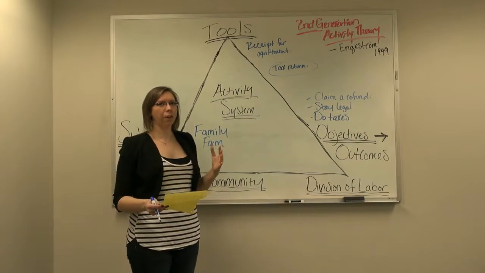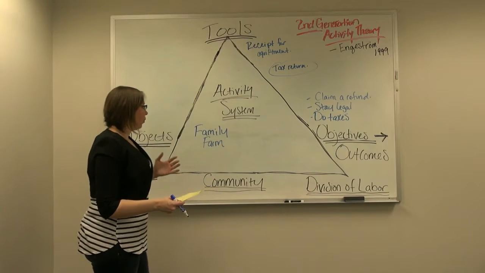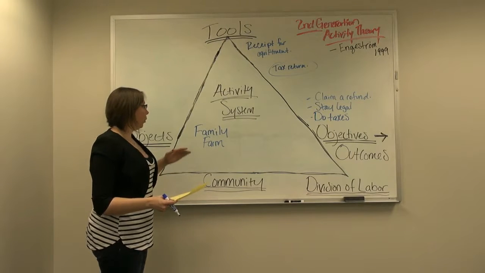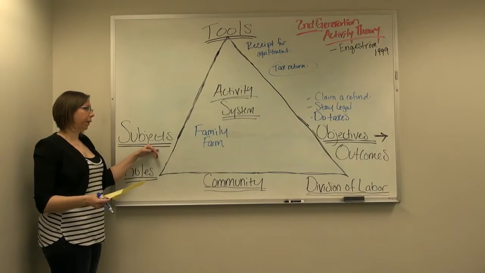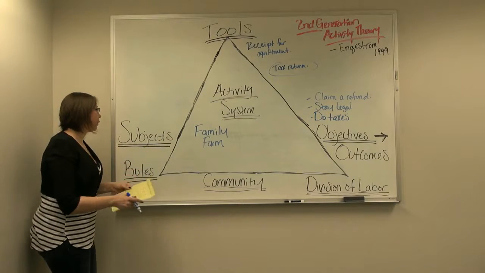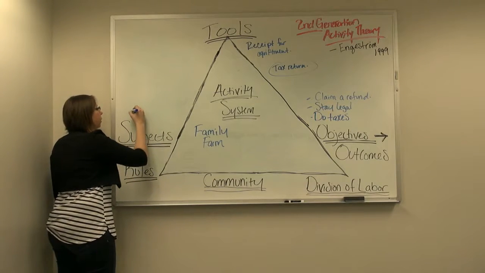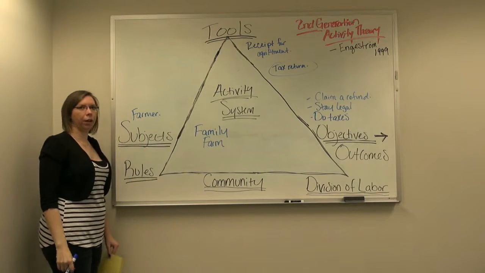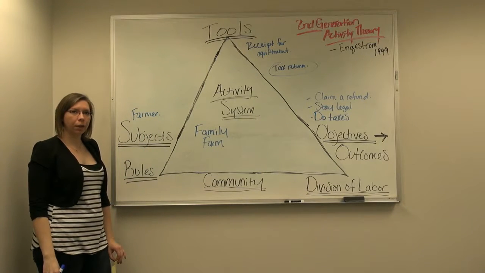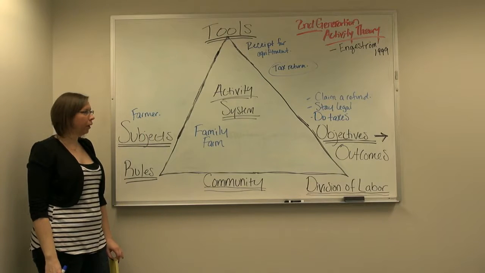First of all, we have to think of who's here. Maybe we might scoot over here if this is easier to fill in or think about first. So who's here? We've got the farmer. He's going to be our main subject in this scenario, right?